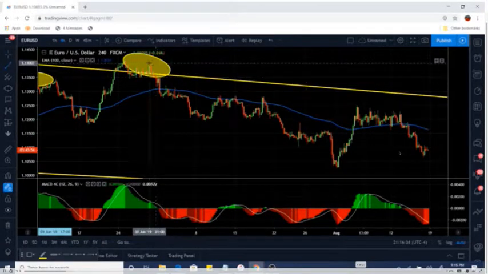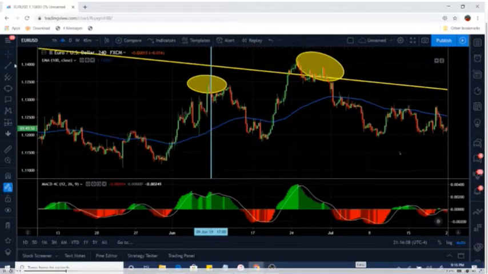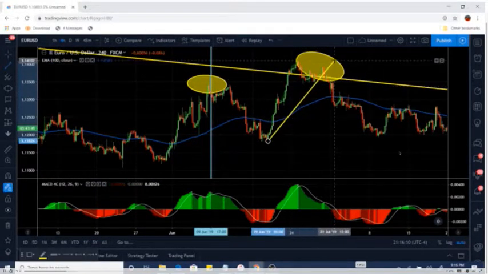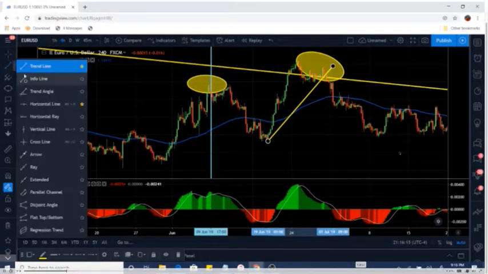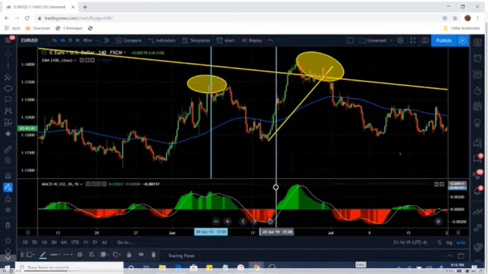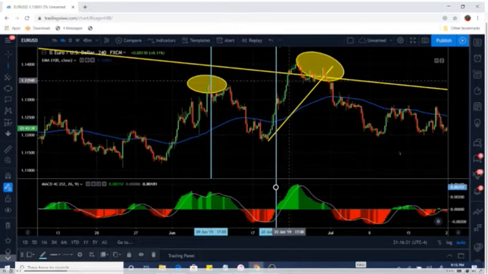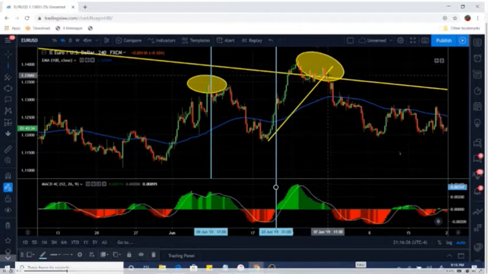So for example, when this crossed over, notice we made this MACD crossover right here. It crossed, signaling the uptrend, signaling the breakout. But you know why it didn't continue going up?